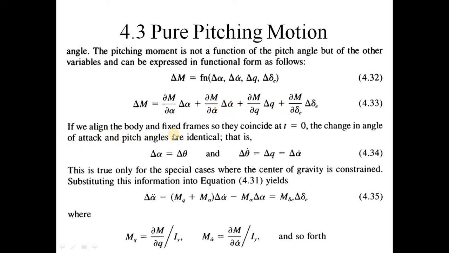If we align the body and fixed frames so that they coincide at t equal to 0, the change in angle of attack and pitch angle are identical. Meaning that the change of angle of attack and the change of pitch will be the same, and theta dot, or q, will also be the same as alpha dot.